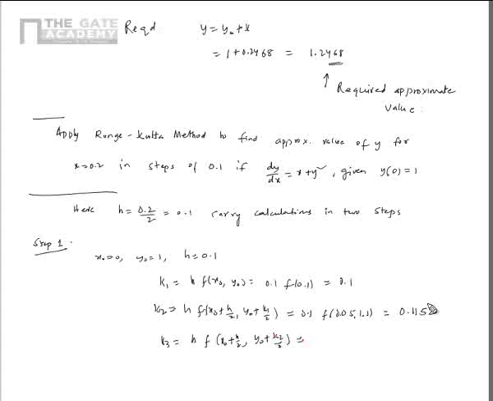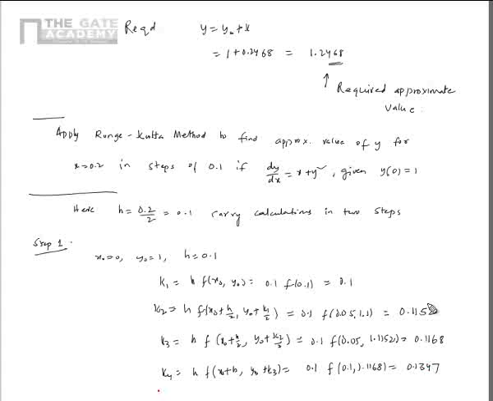So this comes out to be 0.1 f of 0.05, 1.1152. So this comes out to be 0.1168. Similarly, k4 will be h f of x naught plus h, y naught plus k3, which is 0.1 f of 0.1, 1.1168, comes out to be 0.1347.